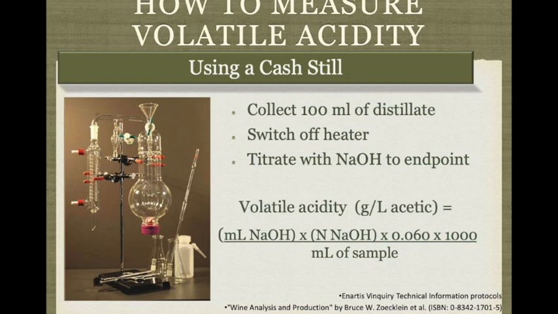Most of us, or if you're a commercial winery, if you really want to know the volatile acidity, it's probably just a lot easier to send it off to a commercial winery lab to get that measurement for you. But if you're interested, there is a way to do this in your own lab. And again, I think the labware is really cool looking. But yeah, so that's enough about volatile acidity.